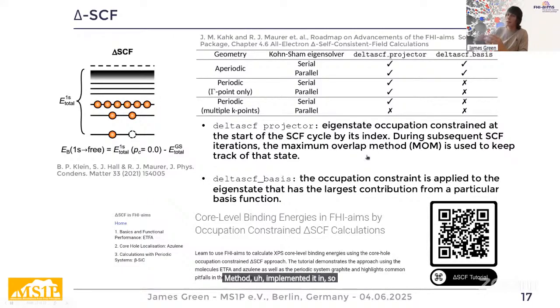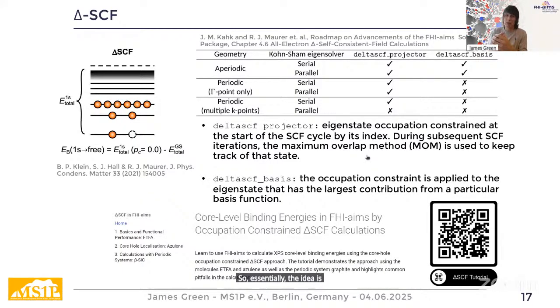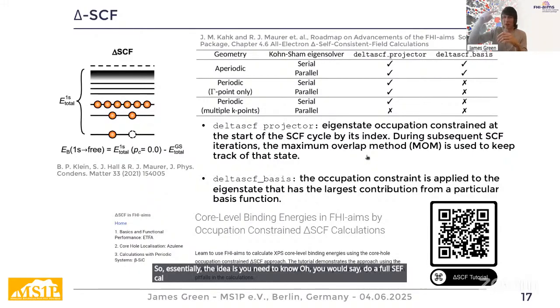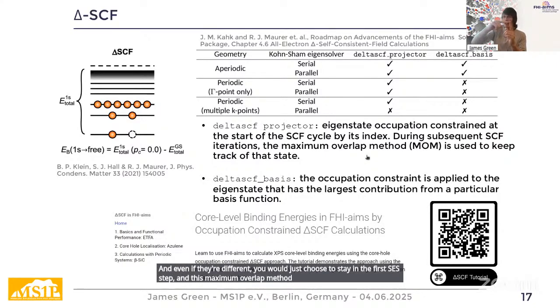So the idea is that the state that you choose at SCF step 1, even if it changes order later in the SCF, is still kept as being the one you want to fix the occupation of later in the SCF. Essentially, you need to know, or do a full SCF calculation, and you know the state you want at the end, and then you work out what state it is at the first SCF step. Even if they're different, you would just choose the state in the first SCF step, and this maximum overlap method should keep it the same to the end.